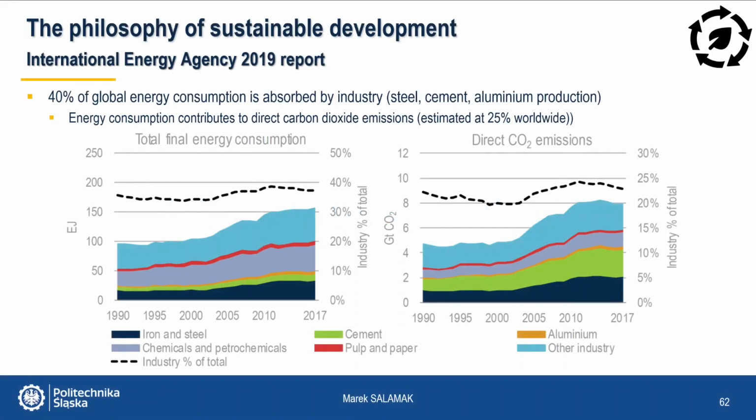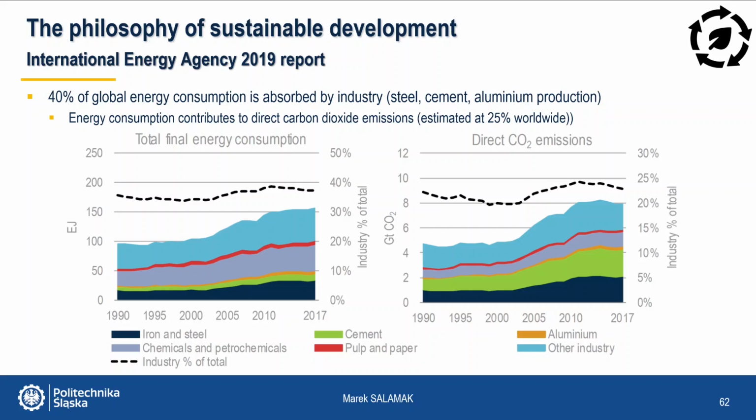The 2019 report of the International Energy Agency indicates that nearly 40% of global energy consumption is consumed by industry, mainly steel, cement, aluminum production, and the chemical, petrochemical, and paper industries.